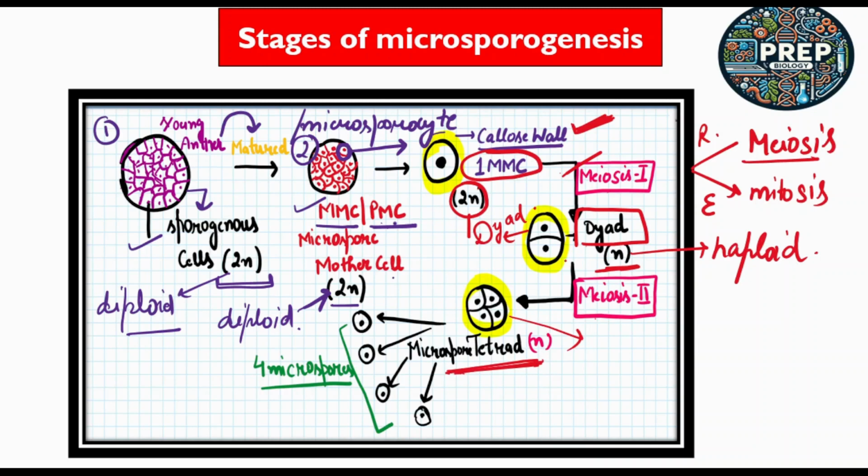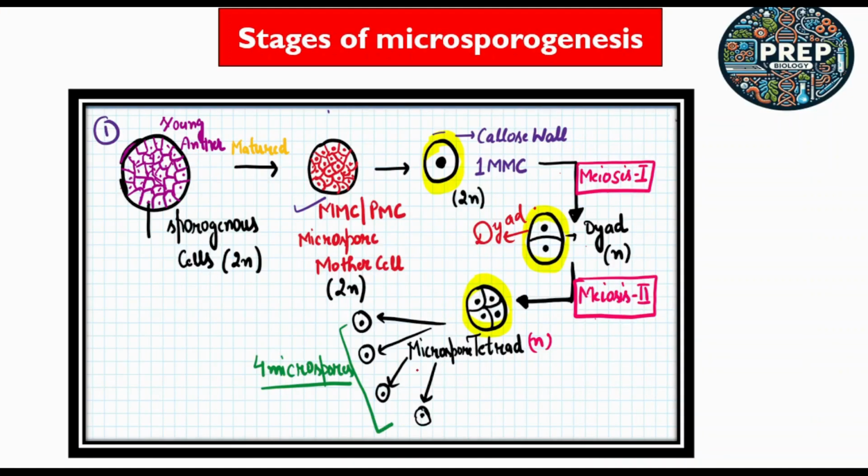One cell converted to two cells, this is called the dyad, and the dyad undergoes meiosis 2. Then it is called the microspore tetrad, that is 4 in number. Tetra means 4. The ploidy of this tetrad is n, that is haploid in nature. I hope this is clear to you all.